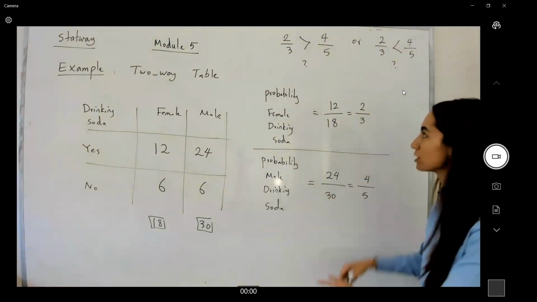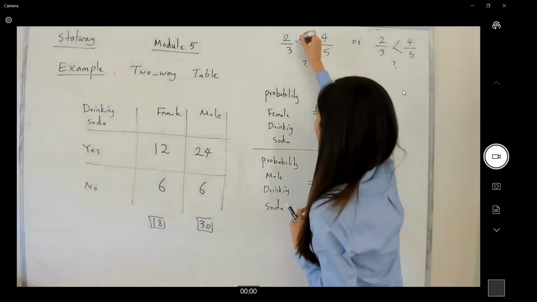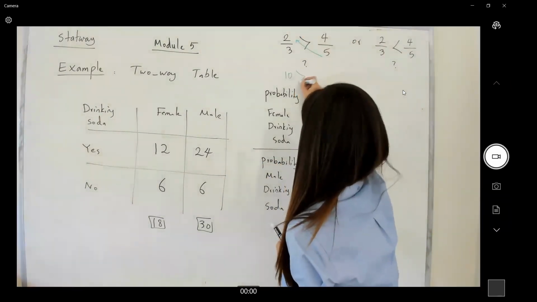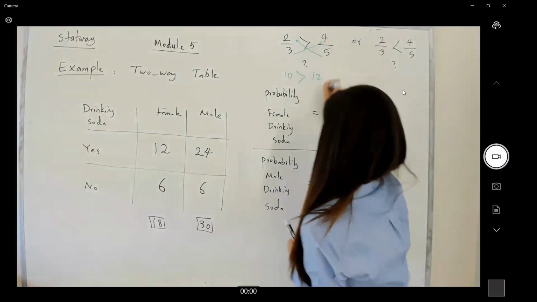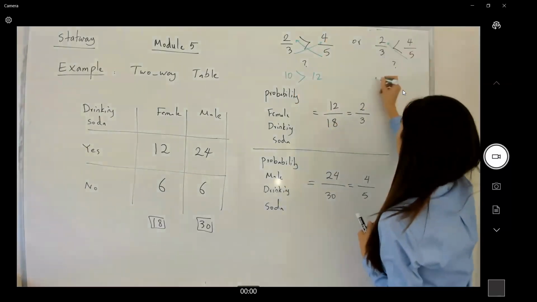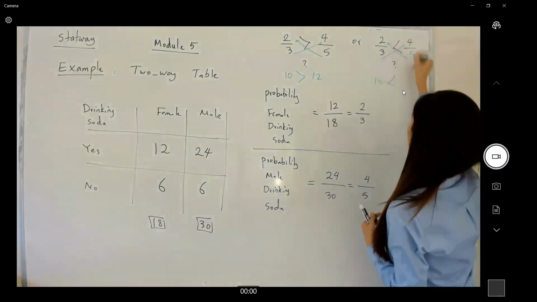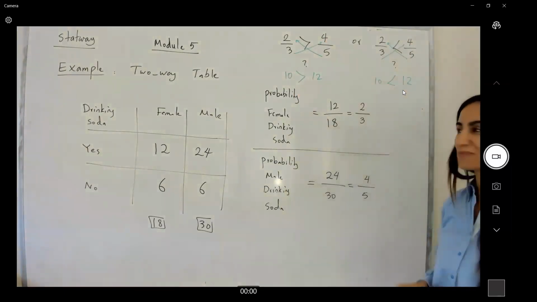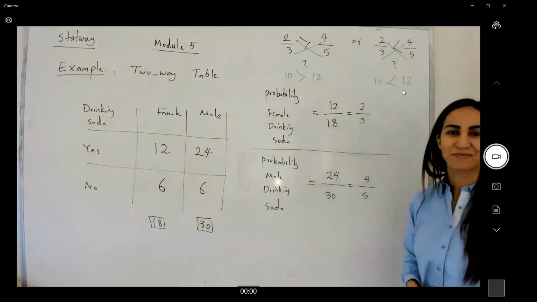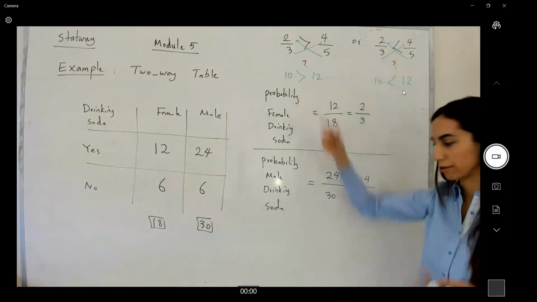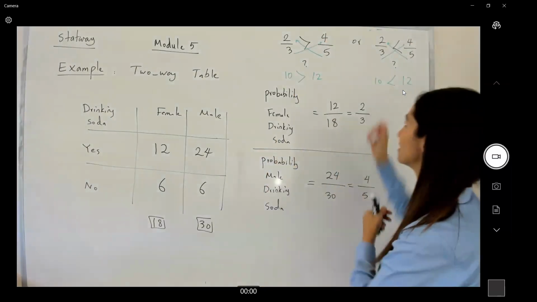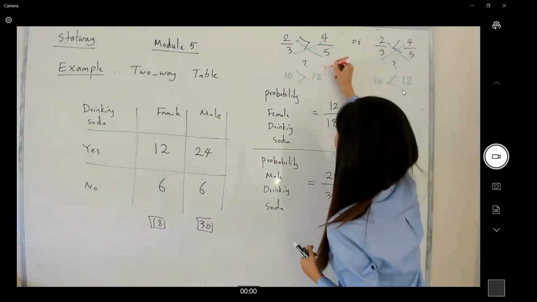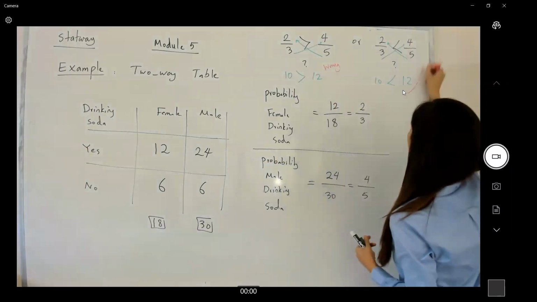Or in another word, is 10 greater than 12 or 10 is less than 12? Of course, this is wrong. We all know that. What is correct?